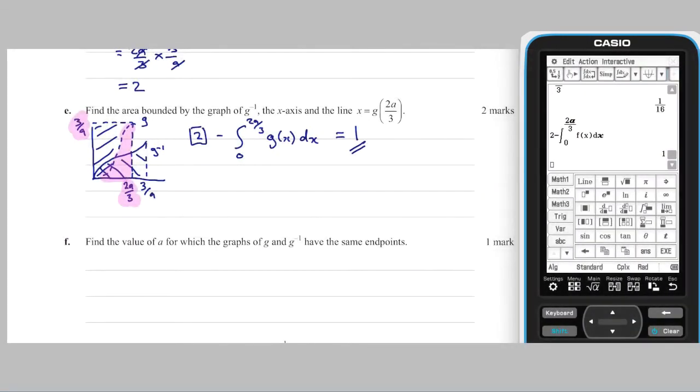Part F. Thinking about the sketch we drew in Part E, g of x and g inverse have endpoints 3 over a, 2a over 3, and 2a over 3, 3 over a.